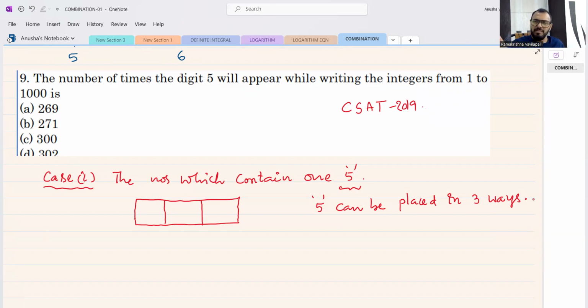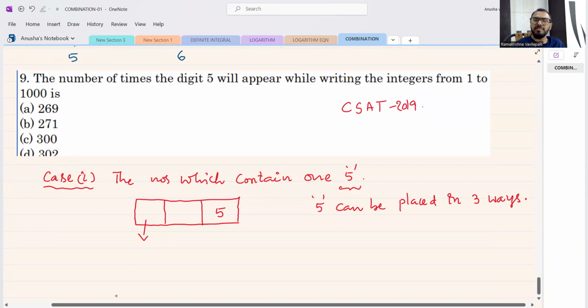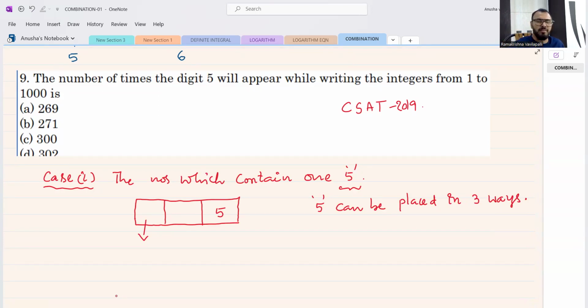Now remove the 5. Suppose, for example, the first unit place is 5.